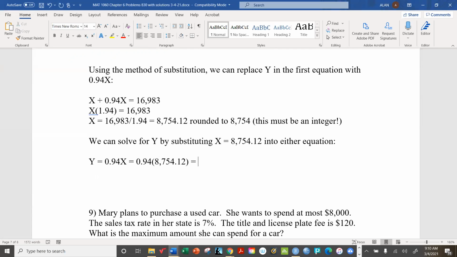All right, so wait, you know what? We're rounding it. I'll tell you what, why don't you use the rounded number? I don't think it'll end up affecting the results. You could leave it, but let's just do it this way.